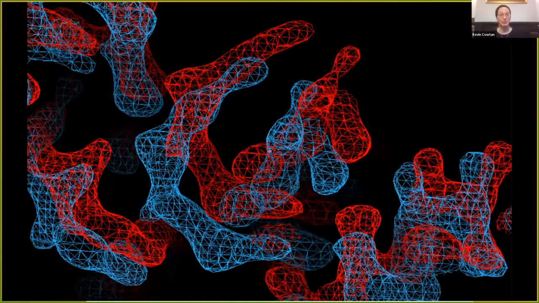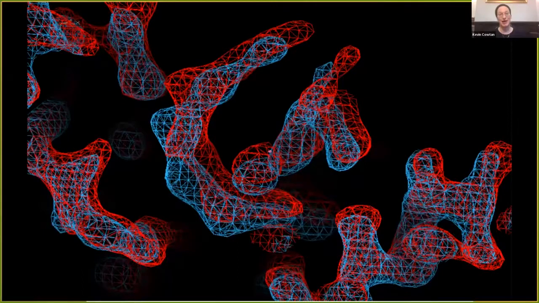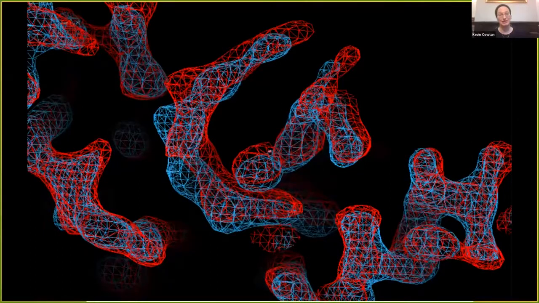Here is the blue map that we want to refine, and here is the true map, which in this test case, we didn't have phases for, we only had structure factors. And I showed that shift field refinement could shift the map to match the structure factors.